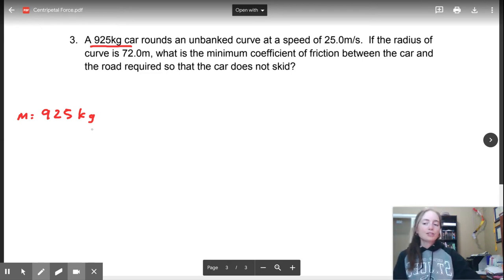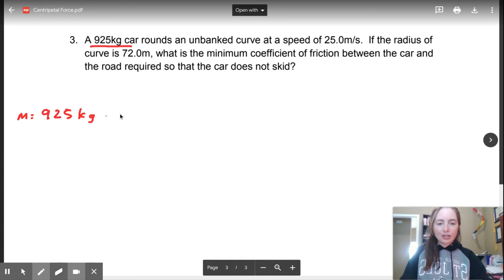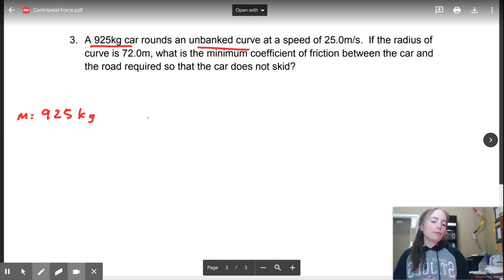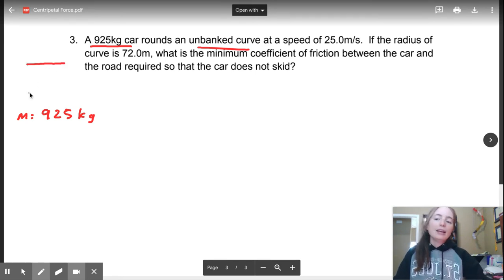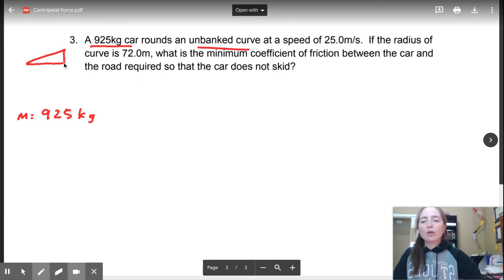Okay? So, ladies and gentlemen, then we have got the mass of the car and an unbanked curve. Now, those are the type of curves that we are going to be looking at. So that means the road is flat. That's an unbanked curve. If we were to have a banked curve, now most curves on the highway, especially like the really big highways like the QE2, the curves there are often banked, okay?